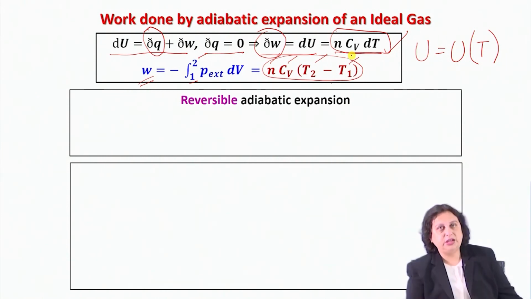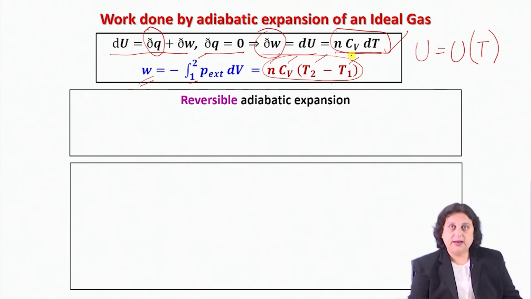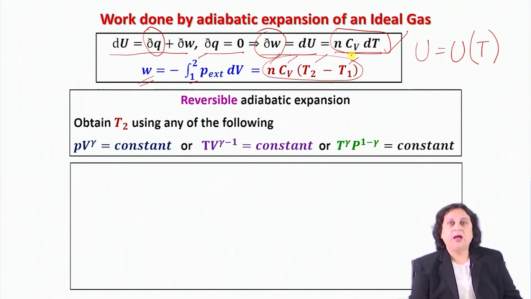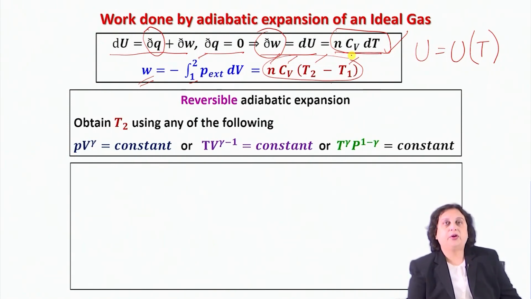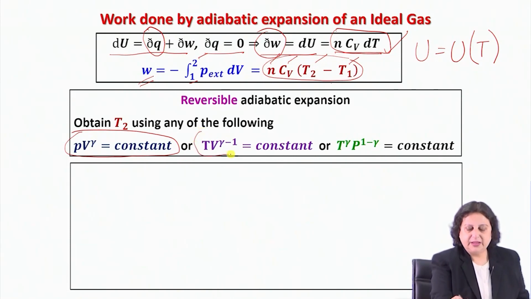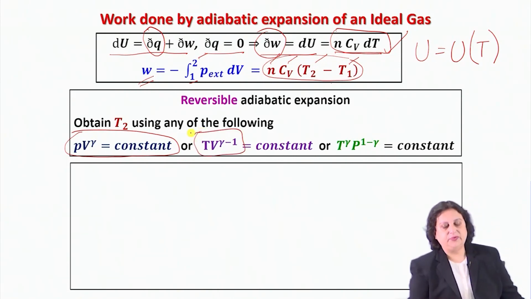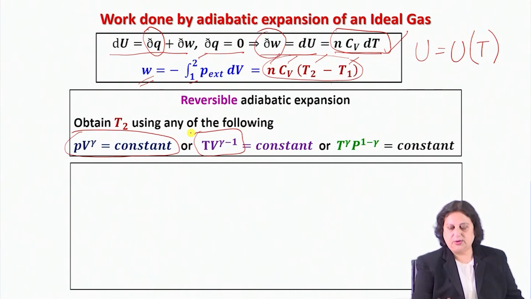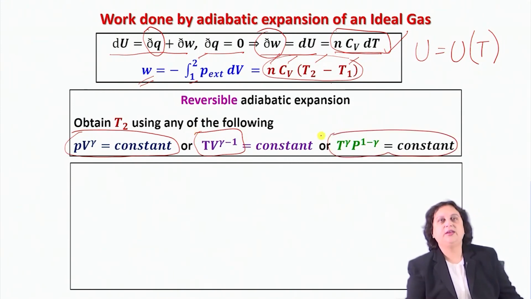Now let us have a look at how to do this estimation and find out the final temperature T2 in a reversible adiabatic expansion. In the case of a reversible adiabatic expansion, you know from your high school days that all these three expressions, that PV to the power of gamma equal to constant, T into V to the power of gamma equal to a constant, or this relationship, all these three are valid.